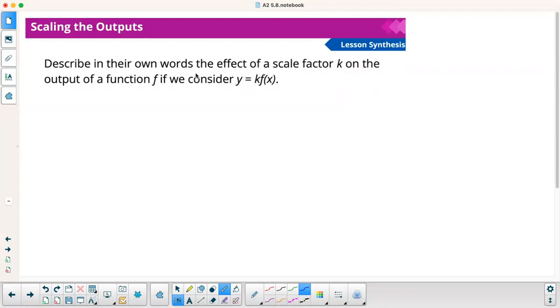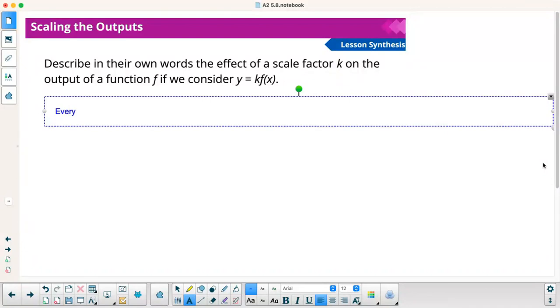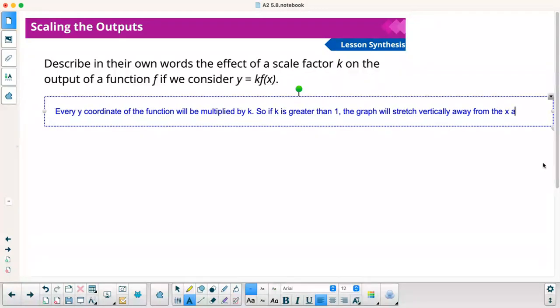Describe in your own words the effect of a scale factor k on the output of a function. So I would say every y coordinate of the function will be multiplied by k. So if k is greater than 1, the graph will stretch vertically away from the x-axis.